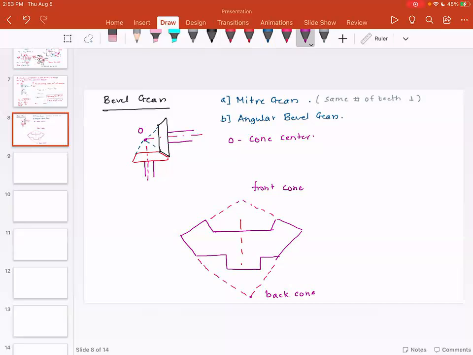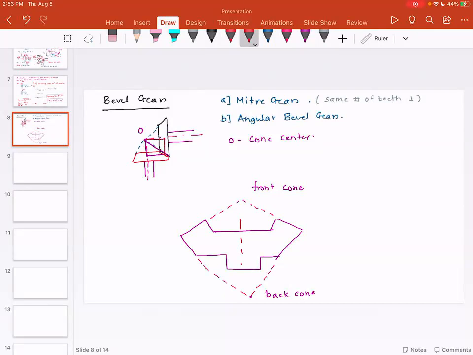Now, again, some important dimensions are the cone distance, and another important dimension is the cone angle. But the most important relationship that I want you to think about is this distance, which is the hypotenuse of triangles. So there is one triangle here, and then there is another triangle over here.